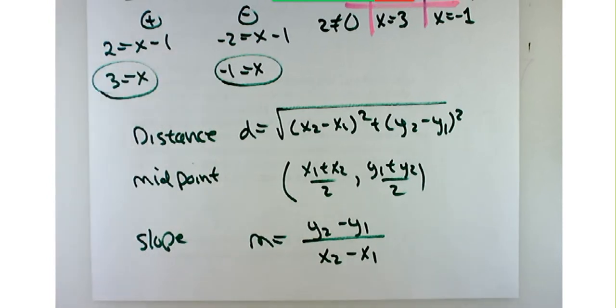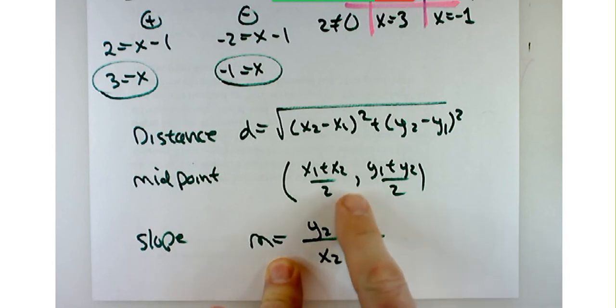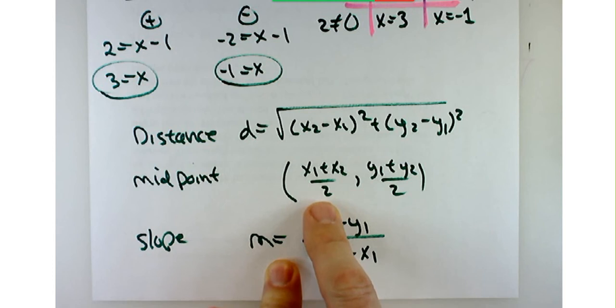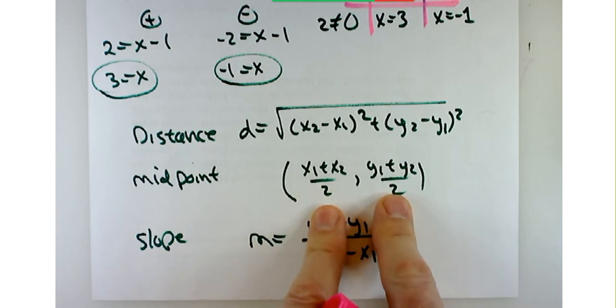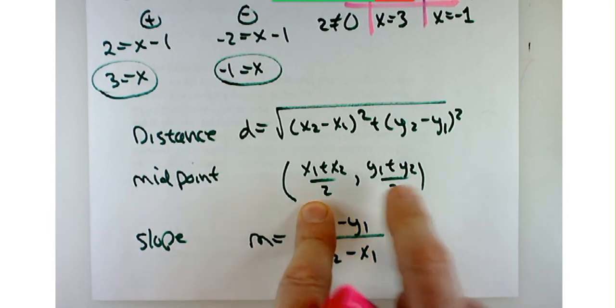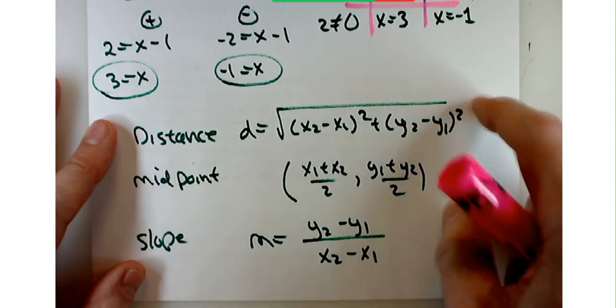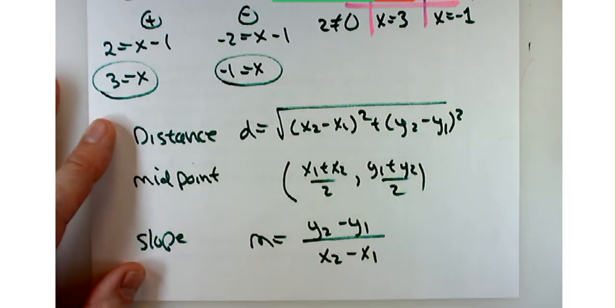So notice the midpoint formula is kind of unique in 2 ways. One, instead of subtracting x1 and x2 or y1 and y2, you're adding them and dividing by 2. The other thing is that you're actually getting 2 answers here, the x coordinate and the y coordinate, whereas these are each just one number.